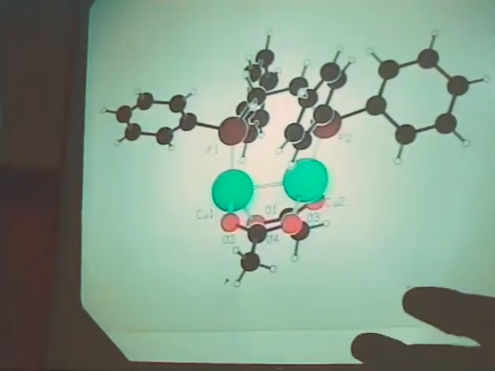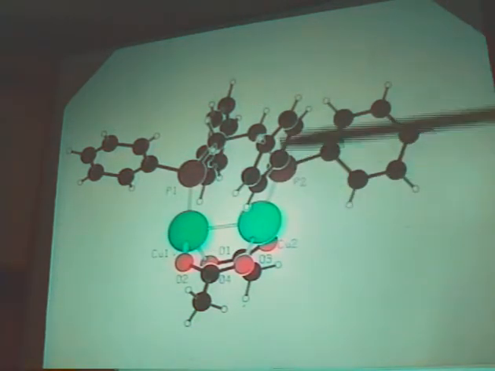On the other hand, the molecule prepared from 1-to-1, that is, a copper acetate dimer with one equivalent of bisphosphine, what one sees is that the phosphine indeed is bridging and the carboxylate is bridging the two copper centers.